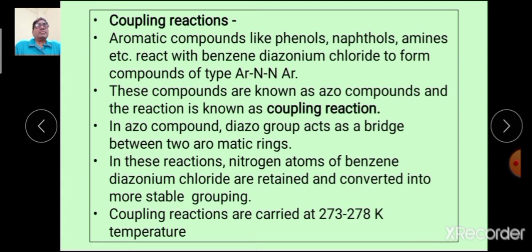These compounds are known as azo compounds, and the reaction is called a coupling reaction.